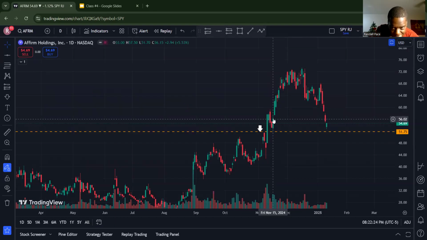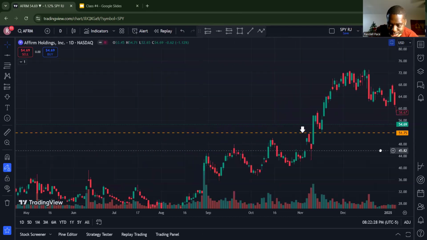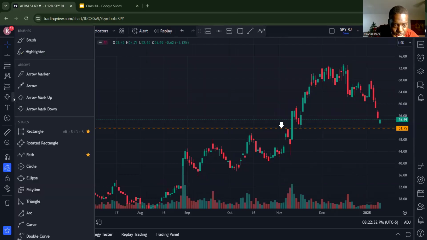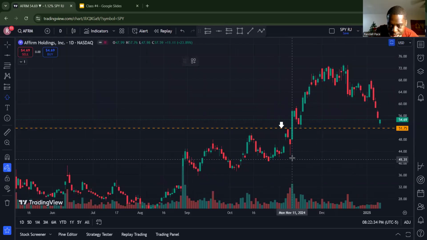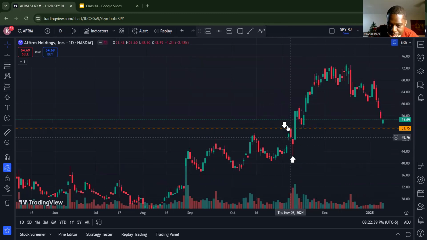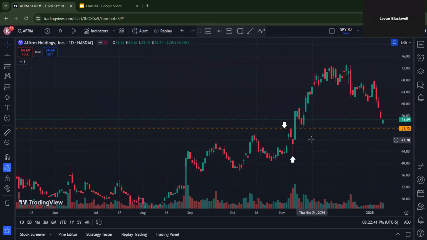Now, the question would be, where's your stop loss? Would your stop loss be this candle? Yeah, that's where I would put mine.